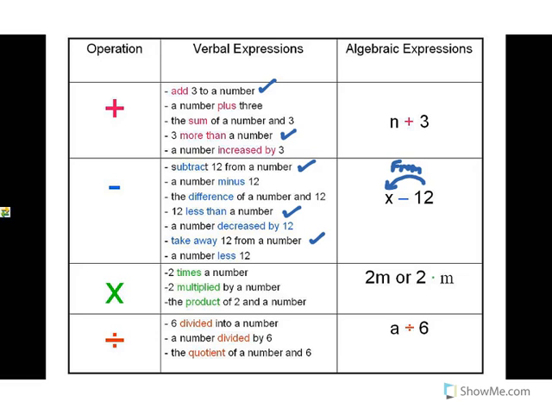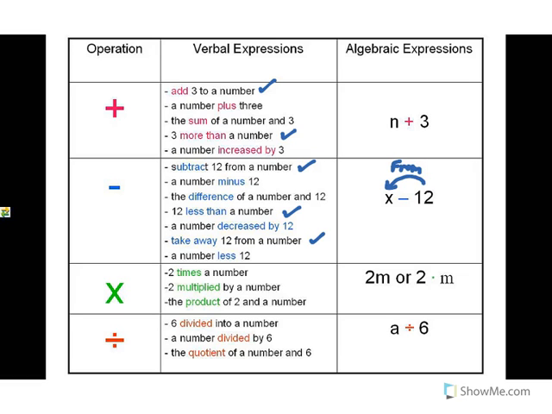Now, multiplication is pretty straightforward. 2 times a number is 2m, or 2 times m. Again, we're just using 2m as our example. 2 multiplied by a number, again straightforward; multiply does mean times. And then the product of 2 and a number. The product is the result when you multiply 2 factors together.